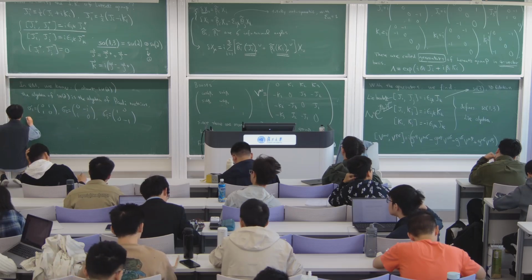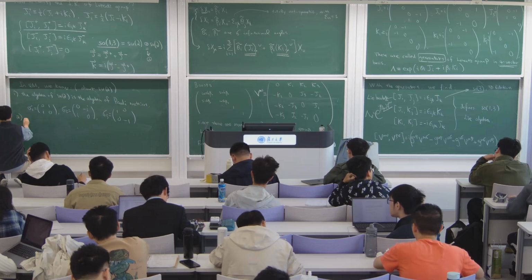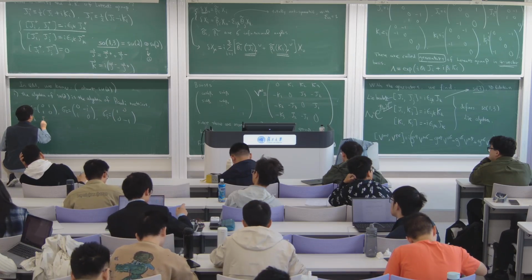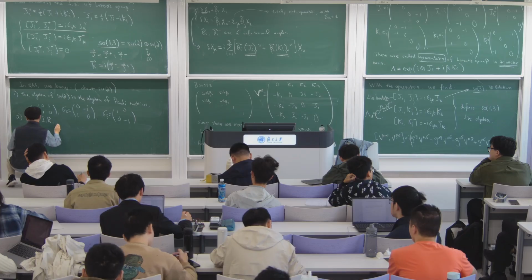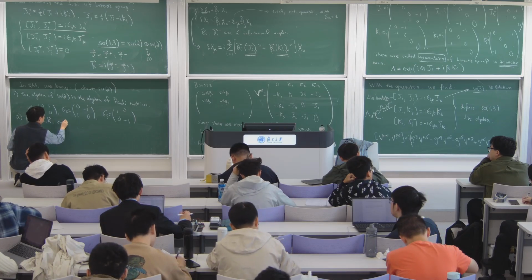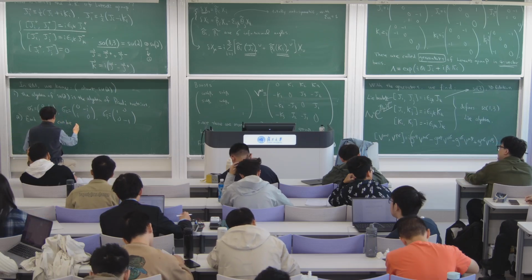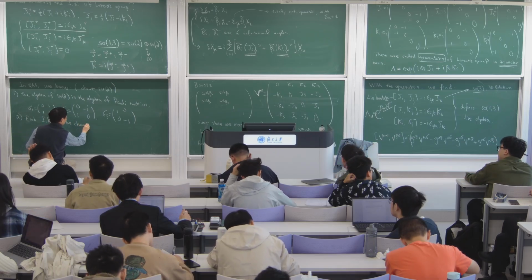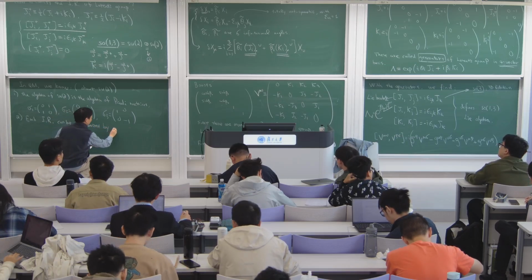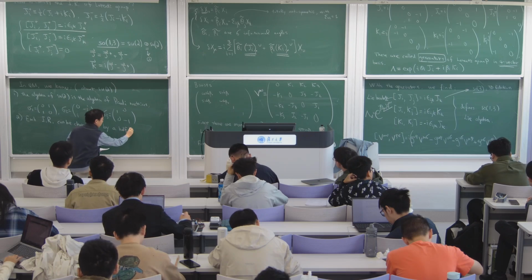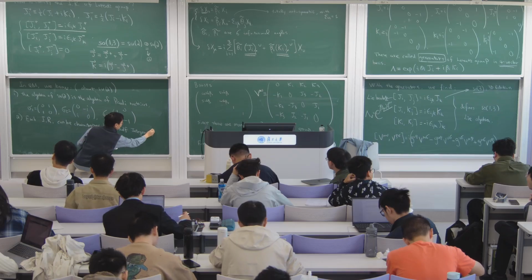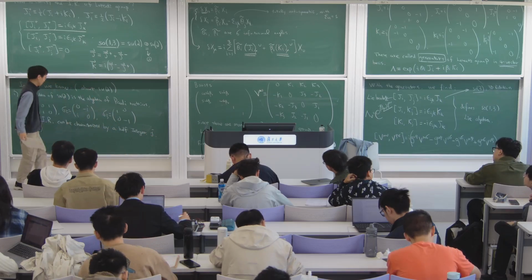This is the first. Second, we also know that each irreducible representation can be characterized by a half integer, let's say j.